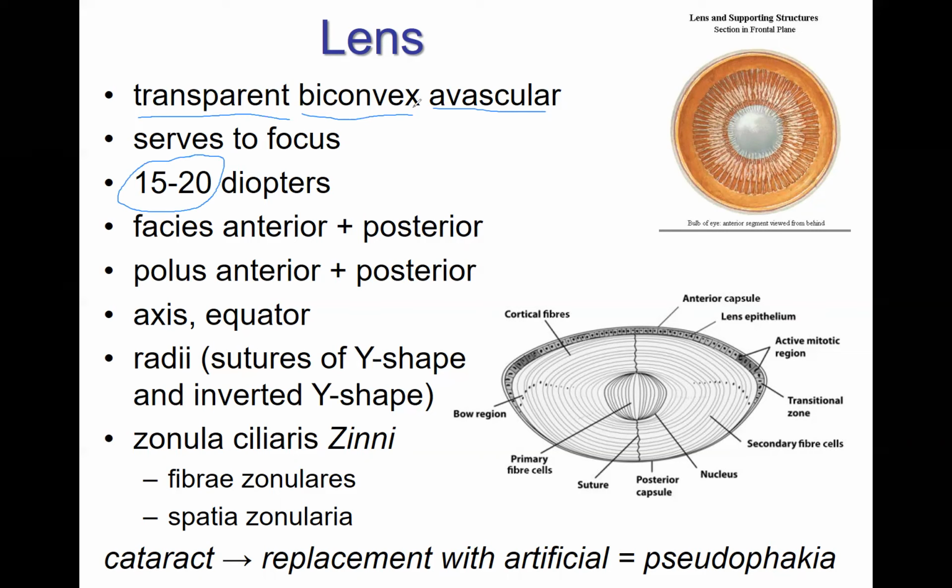To describe some structures, we have the anterior and posterior surface, and the anterior and posterior pole. The poles are here, and the surfaces are also obvious. We have an equator, and the equator is here. Of course, the axis is here. Not a problem.